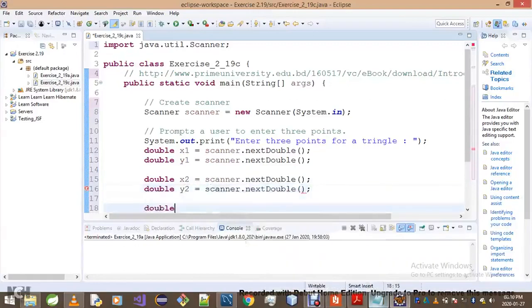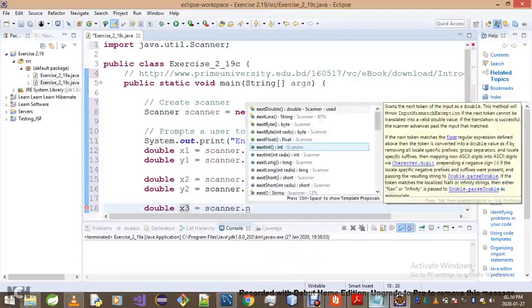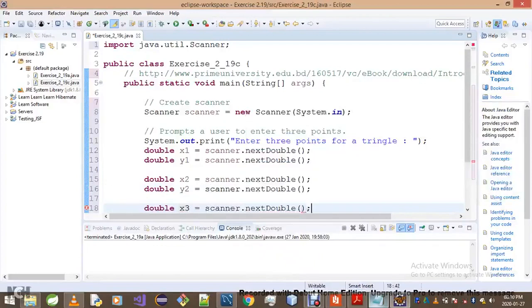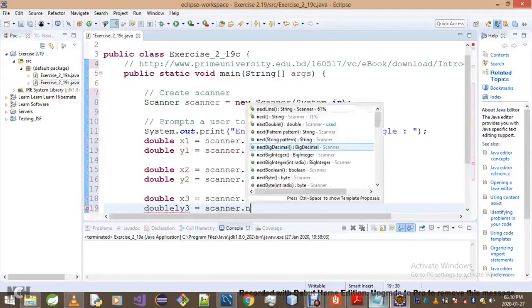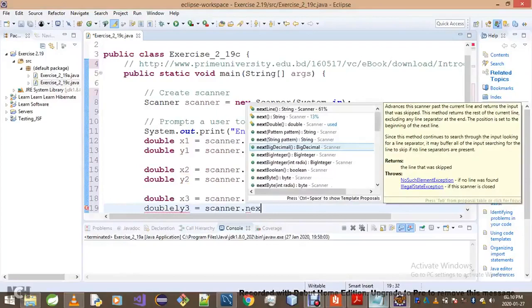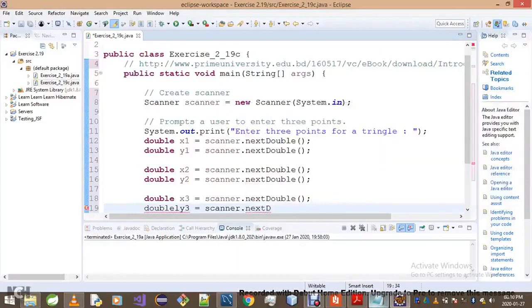And then lastly, we'll have this point x3, which is given as scanner.nextDouble. So double y3 equals scanner.nextDouble. Okay.